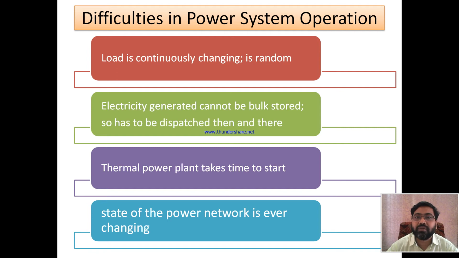Once one of the transmission lines is out due to opening of a circuit breaker by a fault, the network configuration changes.